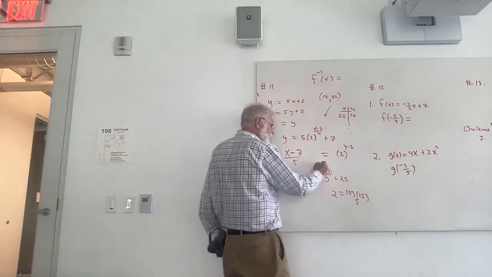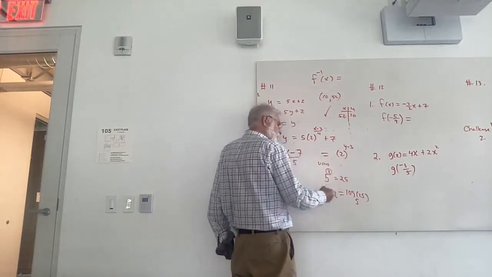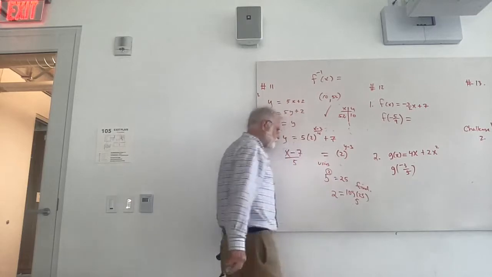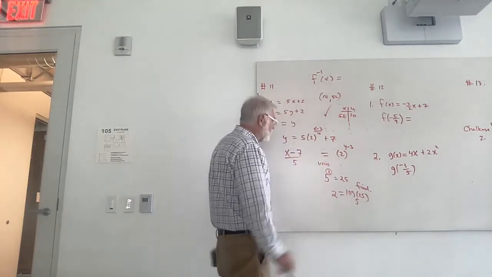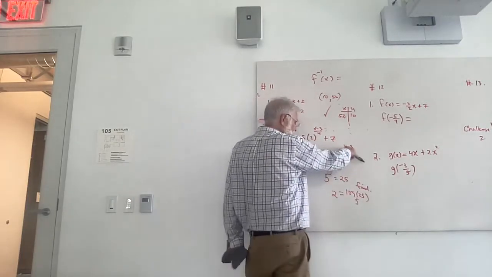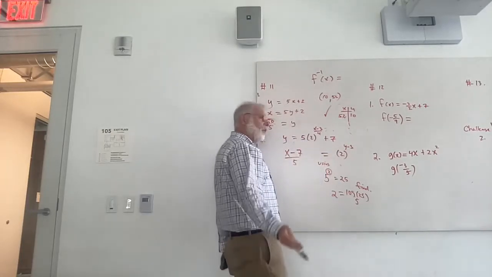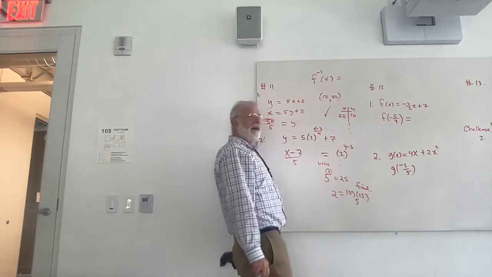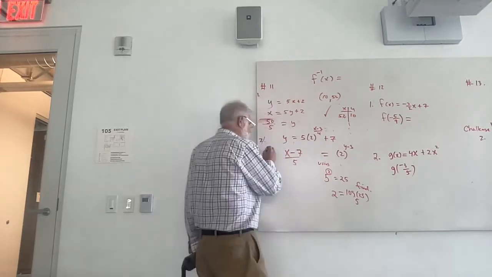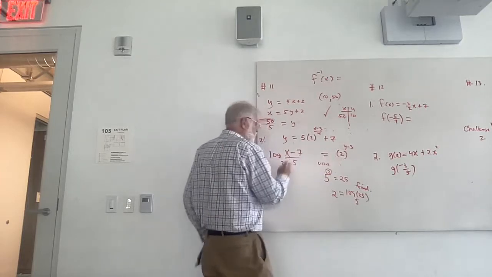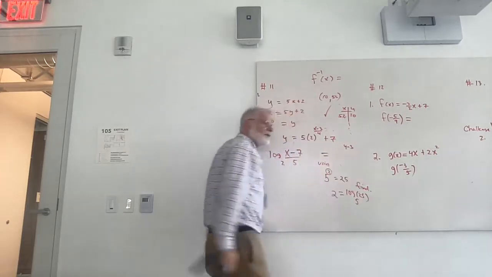I'm using an exponent on the left, and the inverse is finding it. I'm trying to find the value of an exponent over here. What operation do we have that finds values of exponents? Log. And this log is base 2. And I have done that inverse operation.